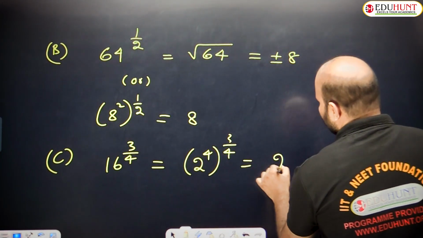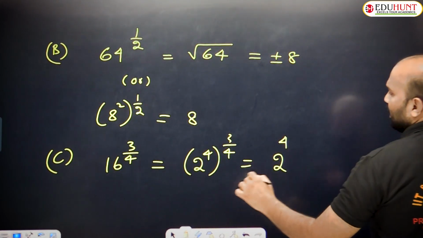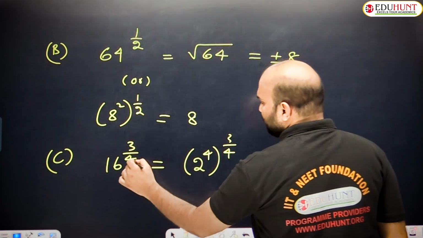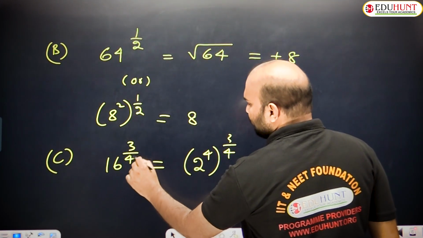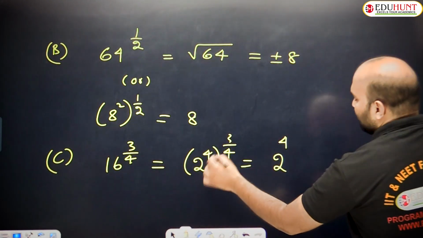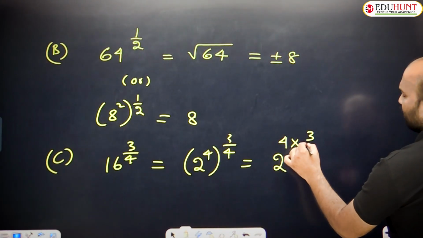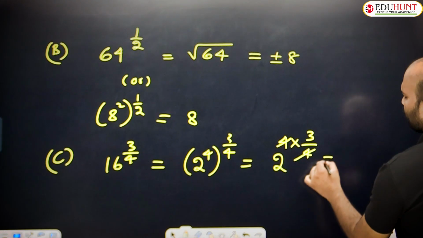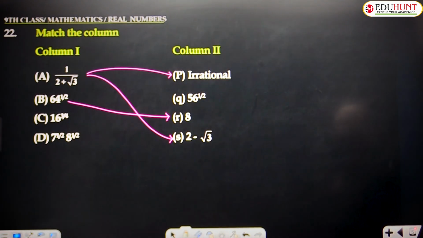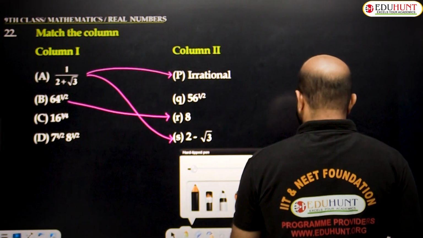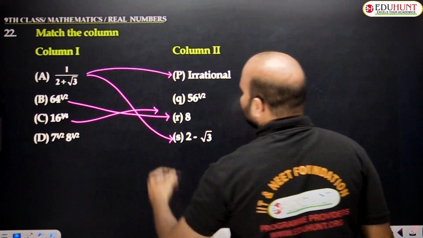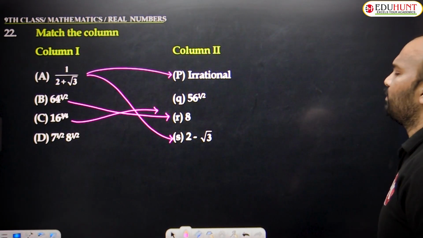Using (a power m) whole power n equals a power m into n, 4 into 3 by 4, the 4s cancel, giving 2 cube. What is the value of 2 cube? 8. So 16 power 3 by 4 has value 8, so it also satisfies the condition.